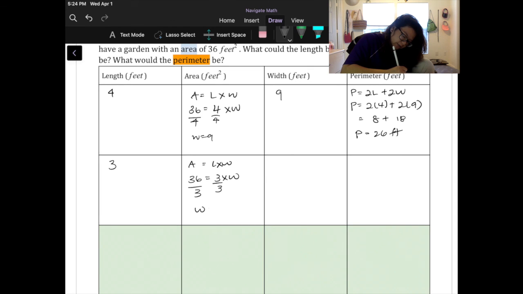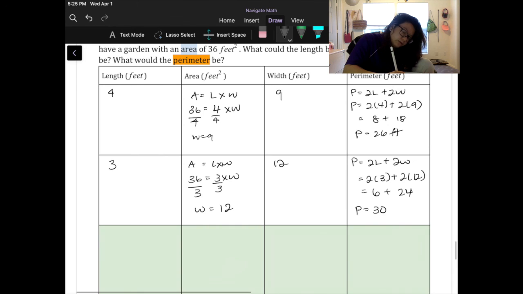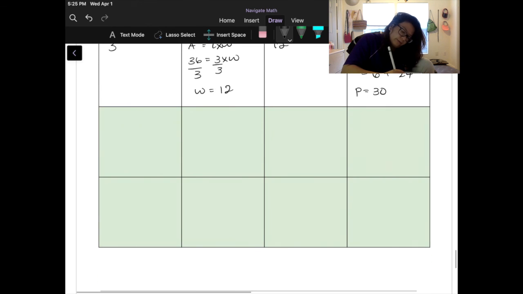So 36 equals 3 times W. Divide both sides by 3. So that W equals 12. This means I have a width of 12. Put this into the equation. P equals 2L plus 2W. So that's 2 times 3 plus 2 times 12. That's 6 plus 24. So I have a perimeter of 30.